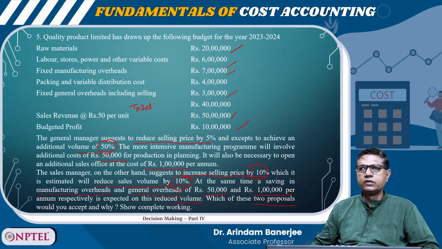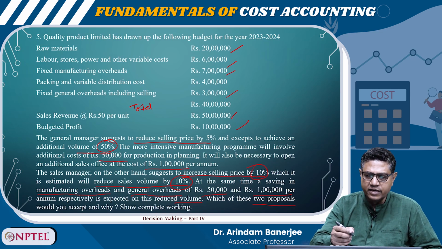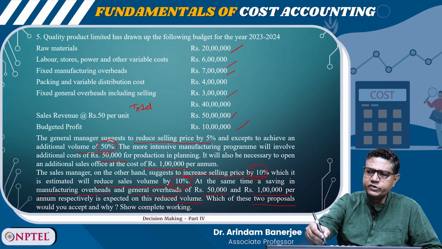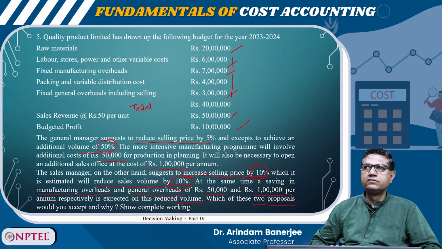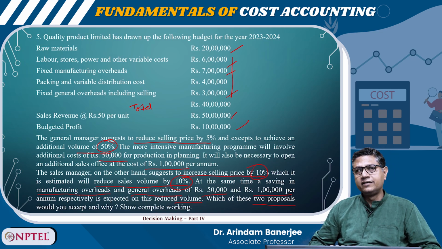Now, if you go back to the question, you see in the first case additional costs are there. Here the variable and fixed costs are given. As I said earlier, variable cost changes proportionately with the level of sales.